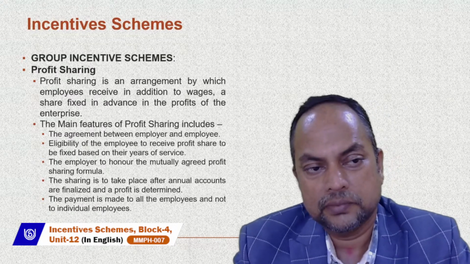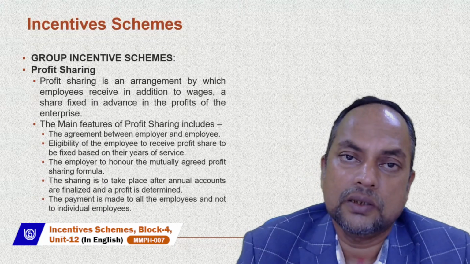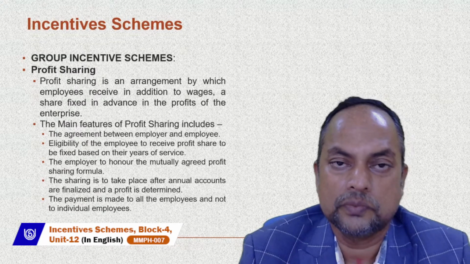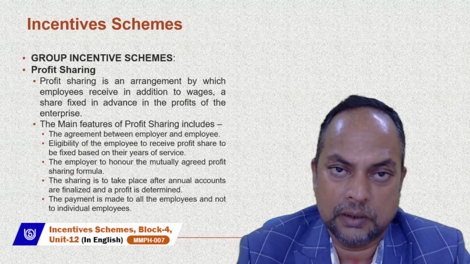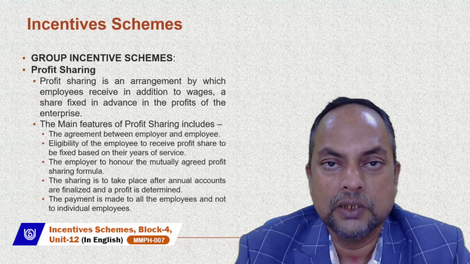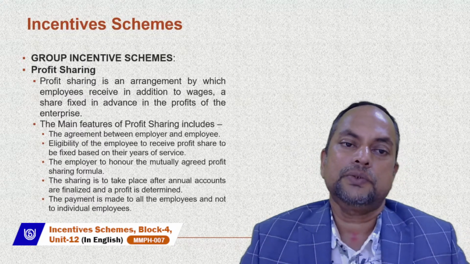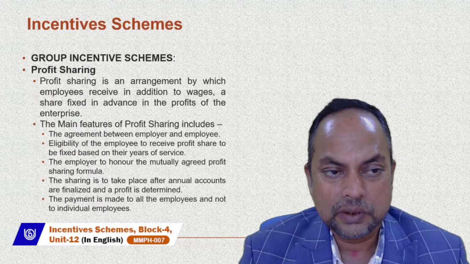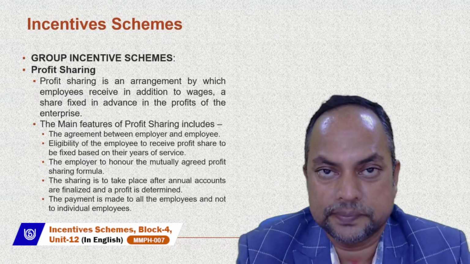So Gandhiji, during the Britishers' time, said that the enterprises or organizations do not belong to any individual person, but they belong to the society, right? So he proposed the concept of trusteeship. He said the employees should treat themselves as the trustees, and the employers should treat themselves as the co-owners.